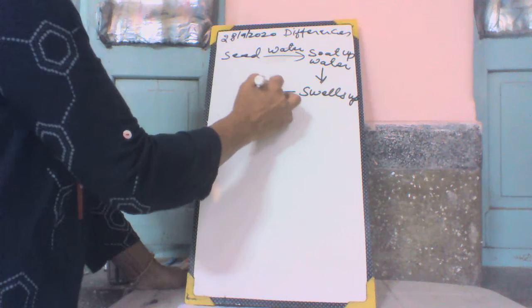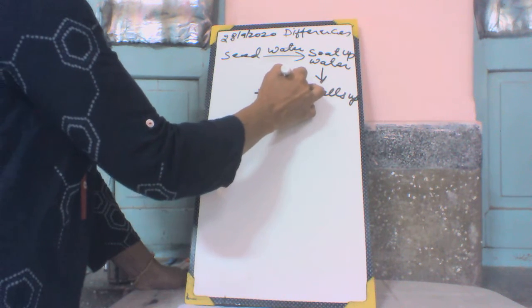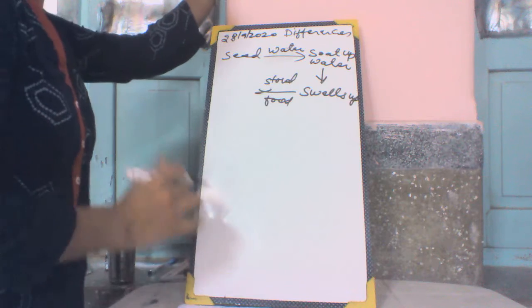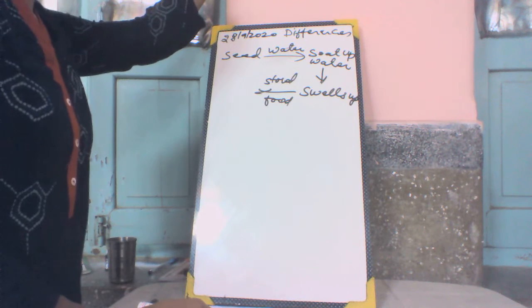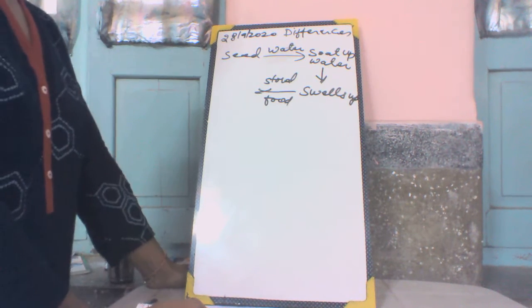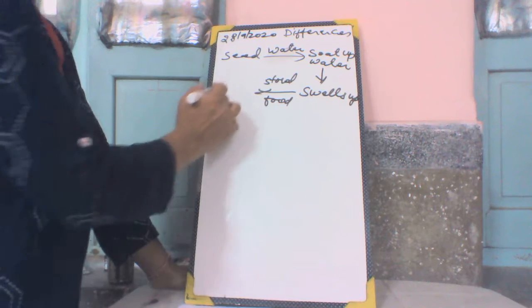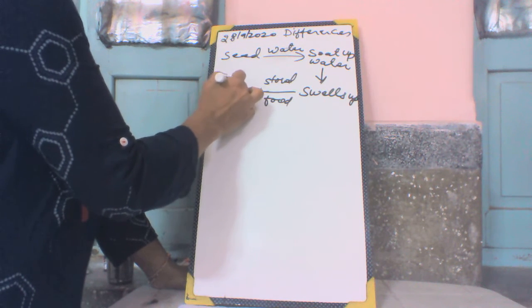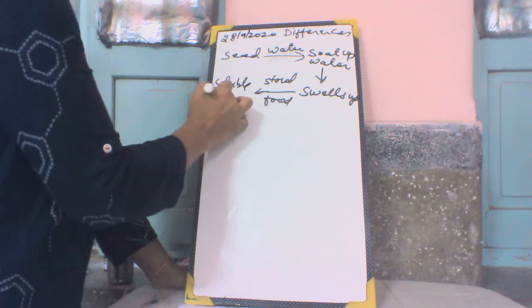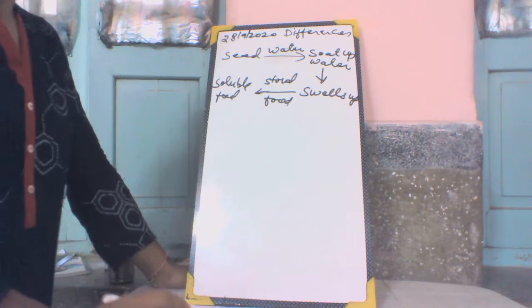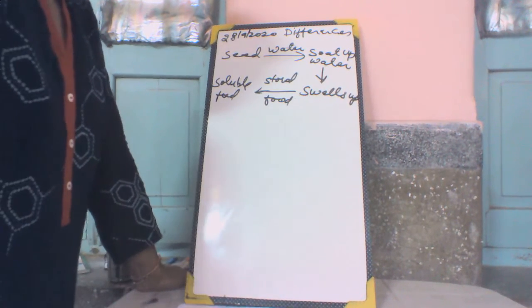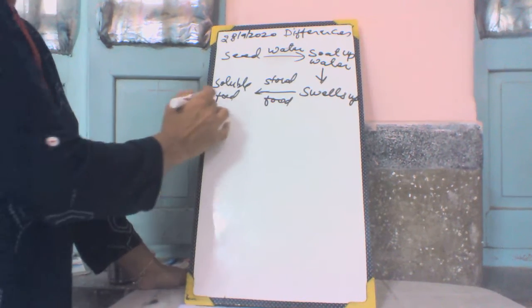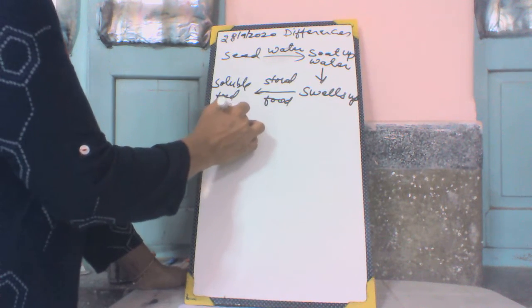After this, the stored food becomes soluble food for the plant, and this soluble food helps the radicle and plumule to grow.